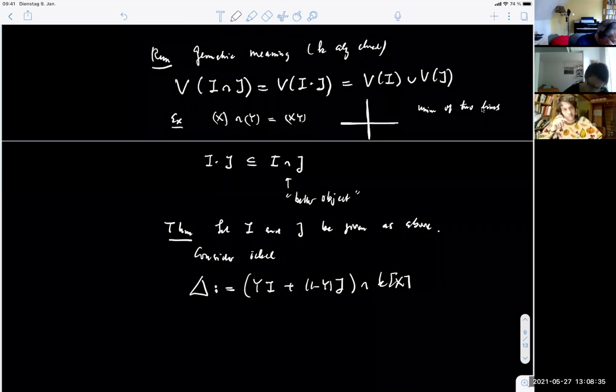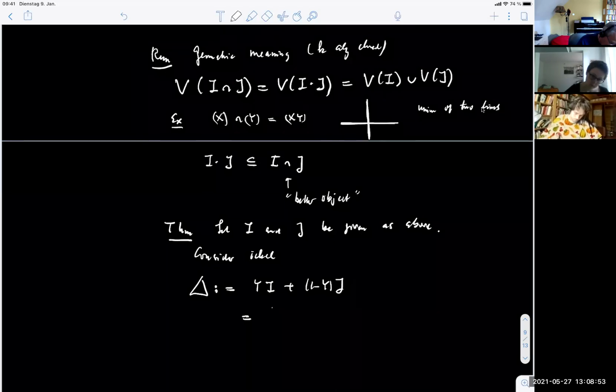Oh, sorry, I don't want to do it this way. Intersecting comes after. Sorry, I was going too fast. This is the definition of the ideal delta.